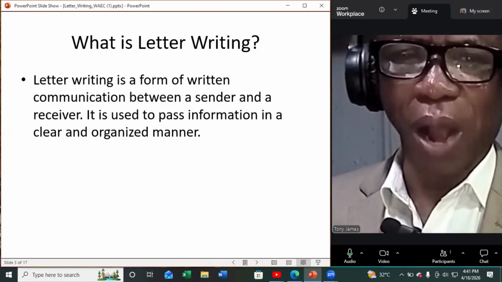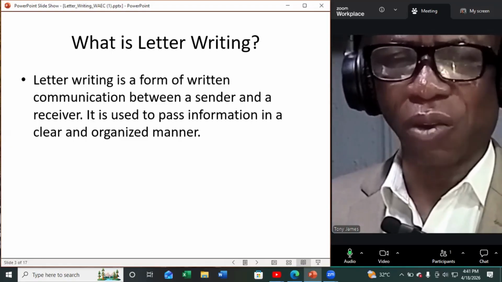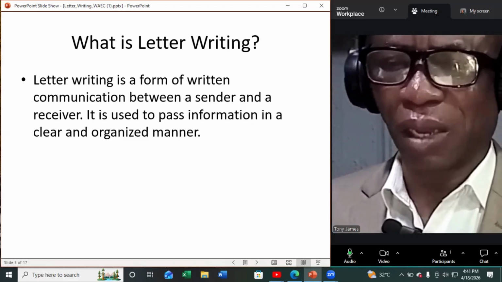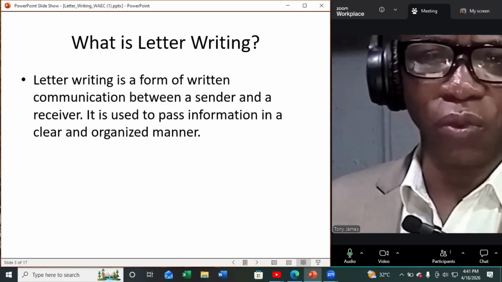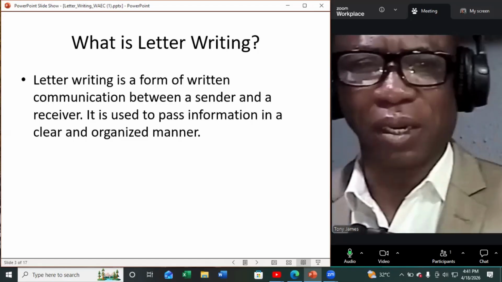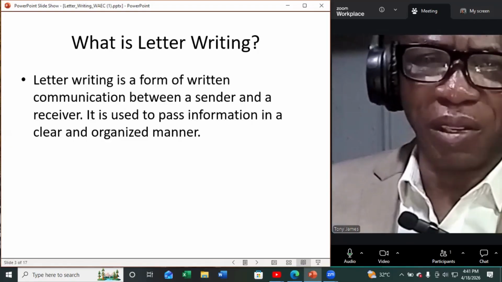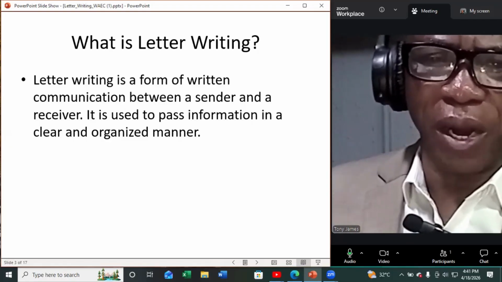The WAEC English exam set out rules that students need to follow in writing letters. Although these rules are what will prepare the student for the future, that is, how to write letters in the business world, in the social world, and in every area of life.